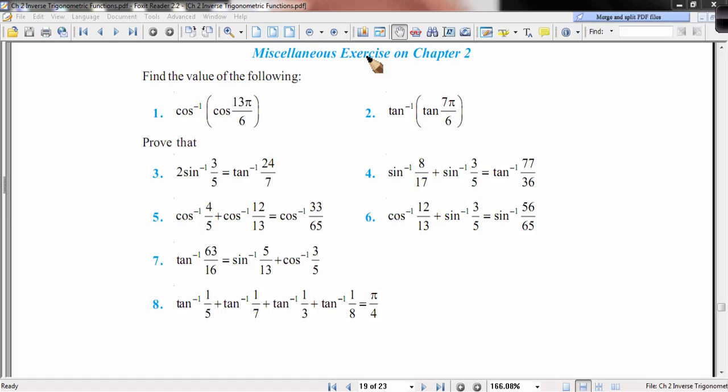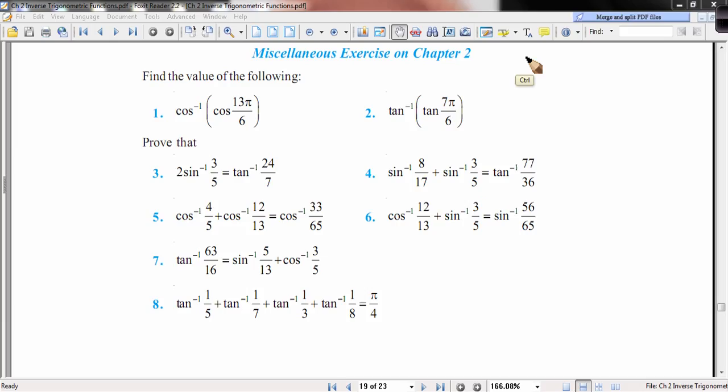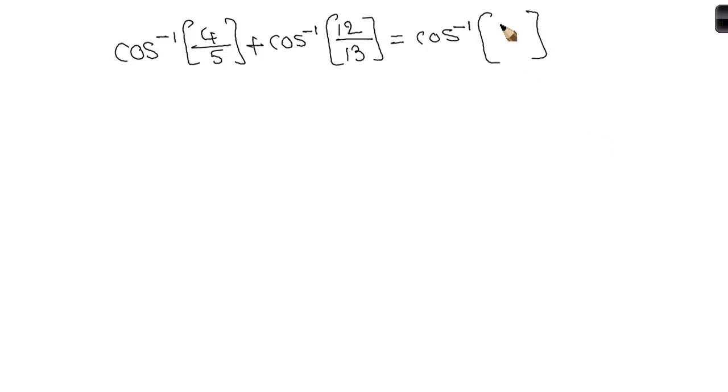So we need to prove cos inverse of 4 upon 5 plus cos inverse of 12 by 13 is cos inverse of 33 upon 65.